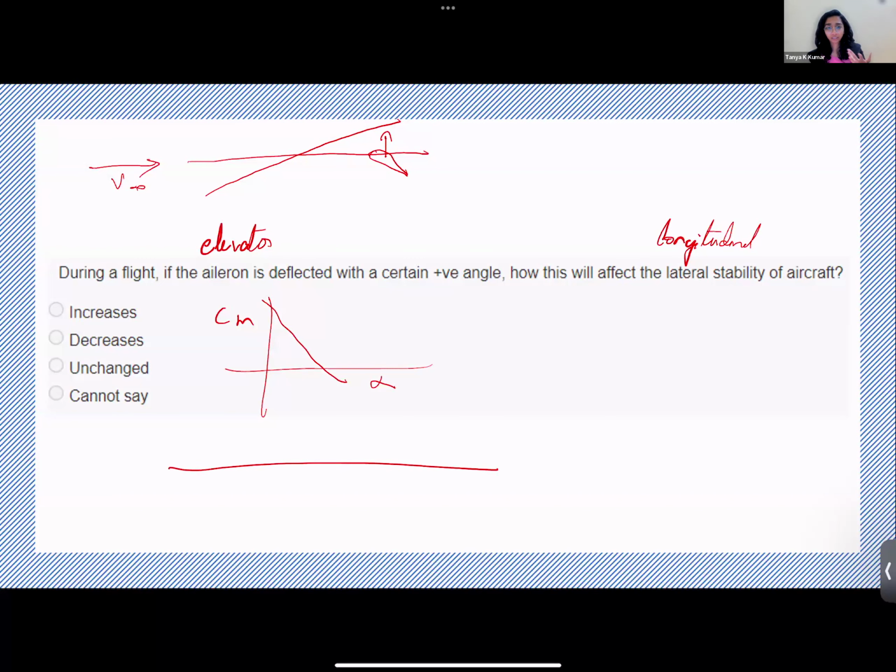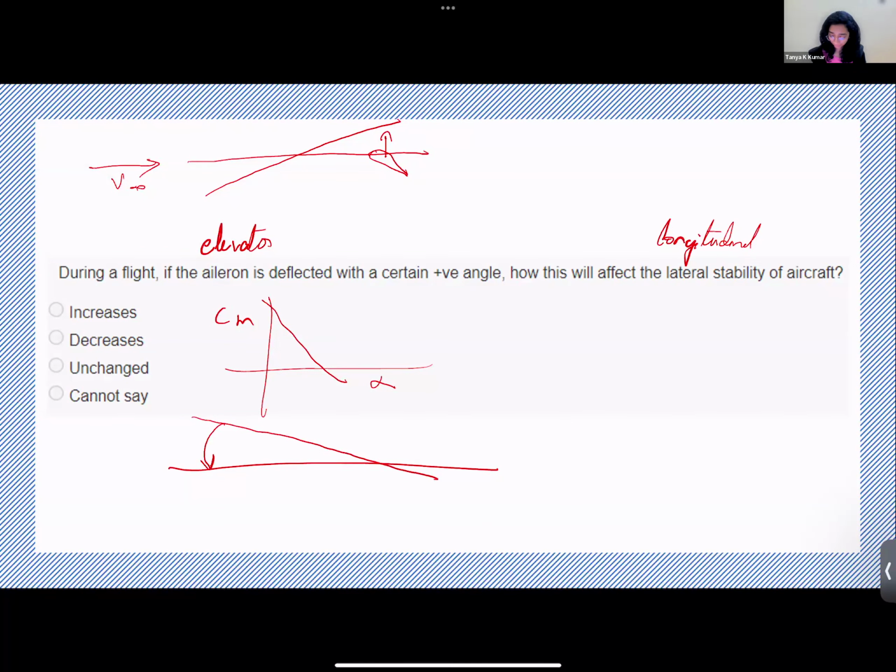Then there is a gust and the angle of attack is changed. It becomes this. Now you need to bring it back, right? You need to pitch down. What part of the aircraft or what structure on the aircraft makes this tendency to come back to equilibrium?